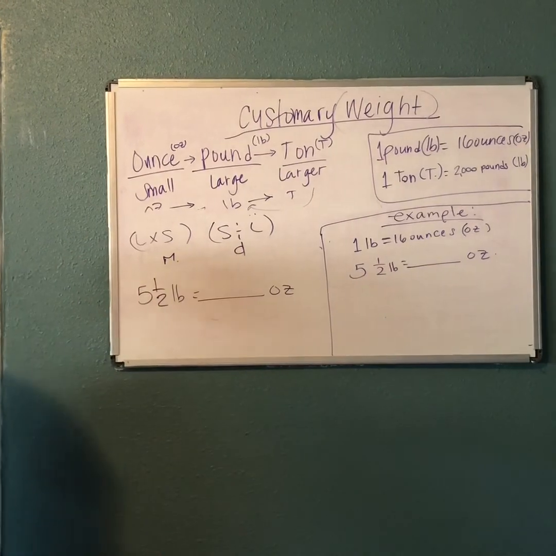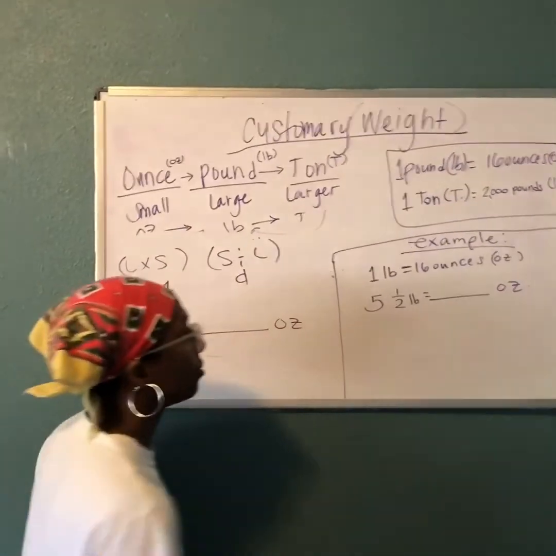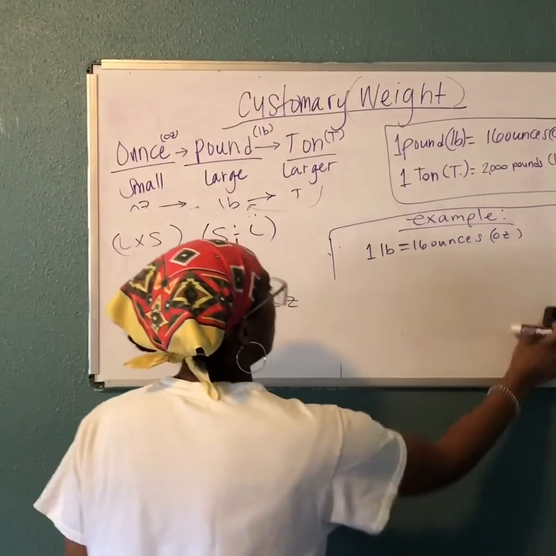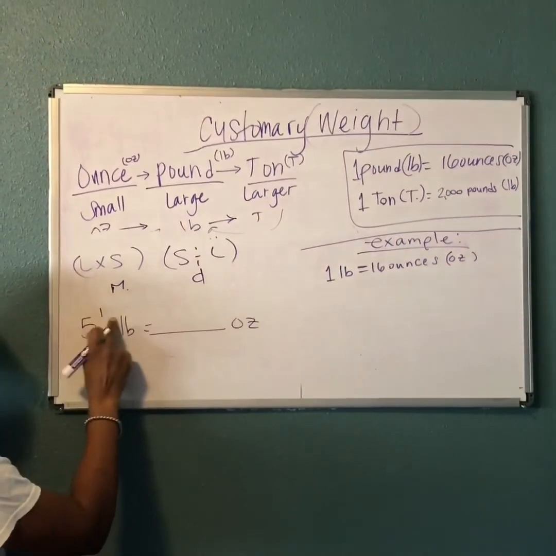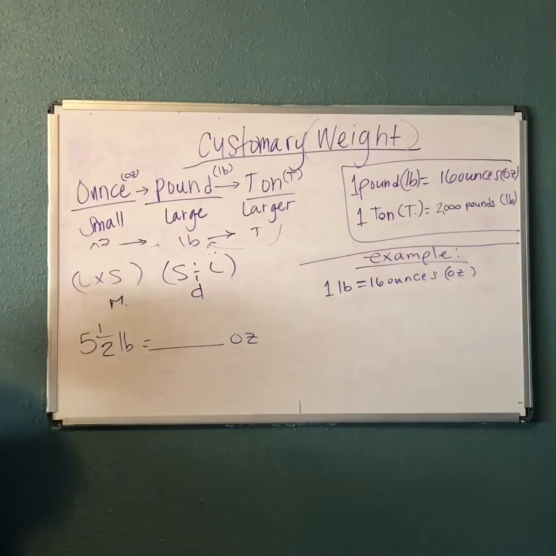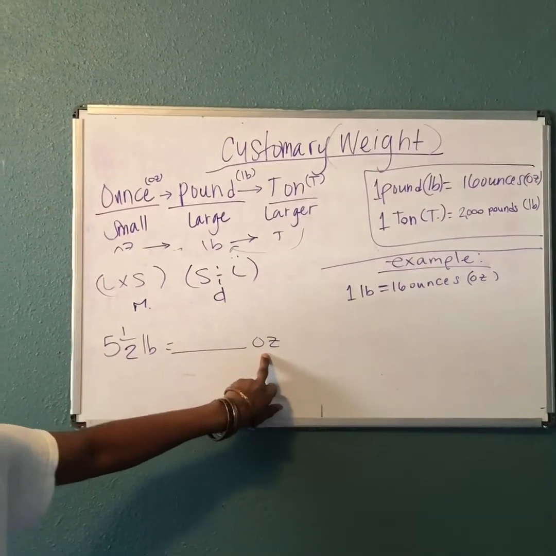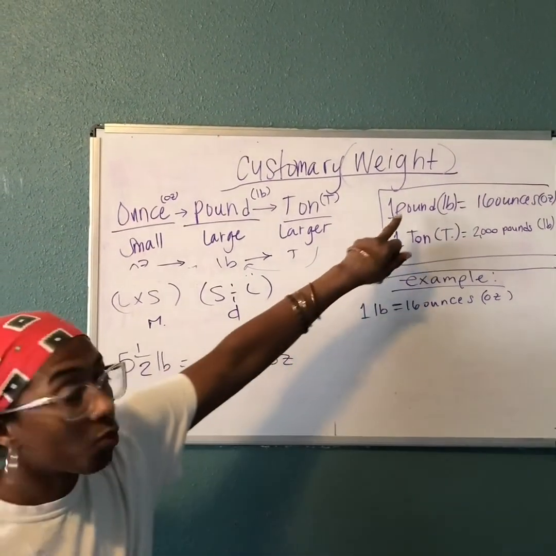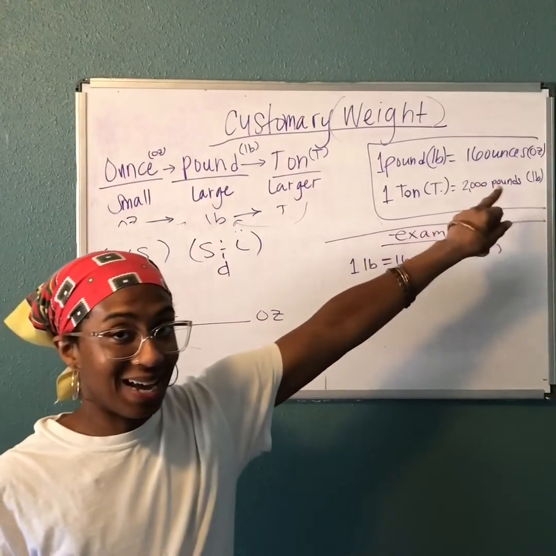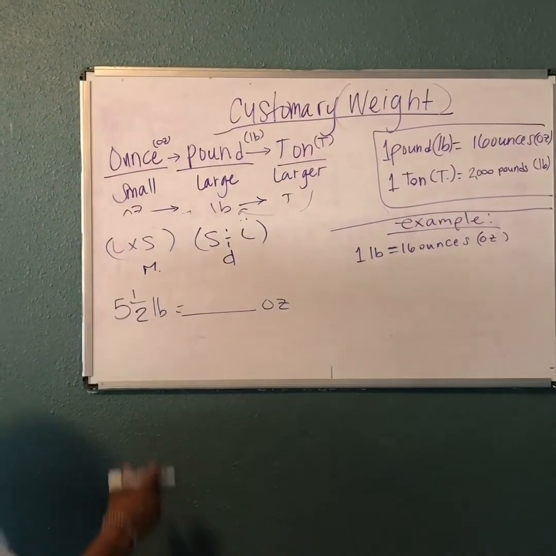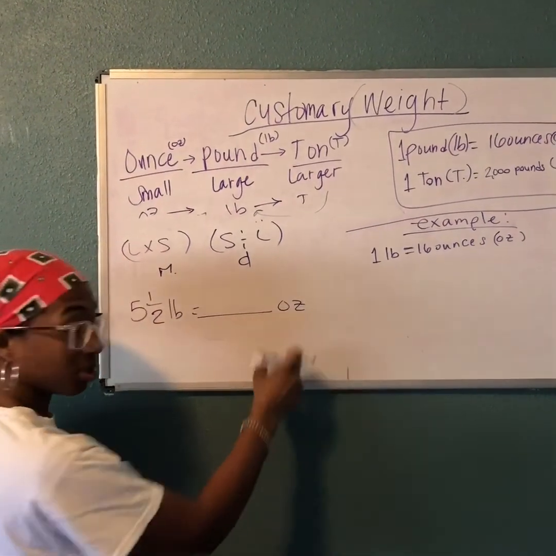We don't know, we have to figure it out. Right now we know that we're working with 5 1/2 pounds. We have 1 pound, and if 1 pound equals 16 ounces, we have a pound and we have our ounces.